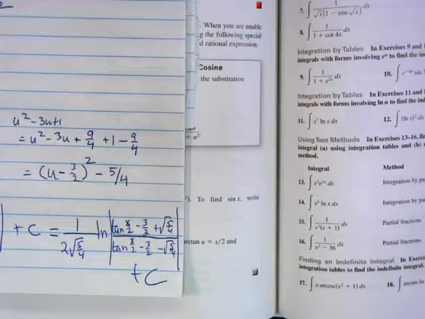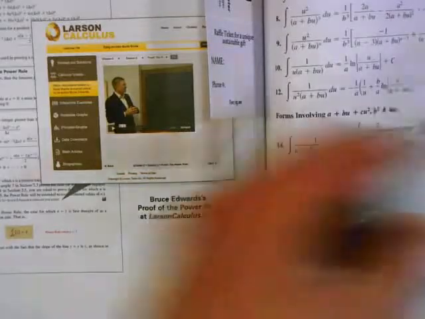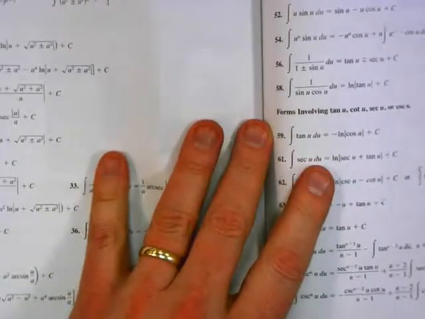Questions on that? Doing it by hand, the only easier way to do it is flip to the back of the book. Look to see if there's one that fits the pattern. Let's see, things involving sine and cosine.